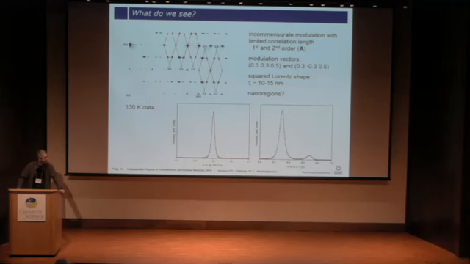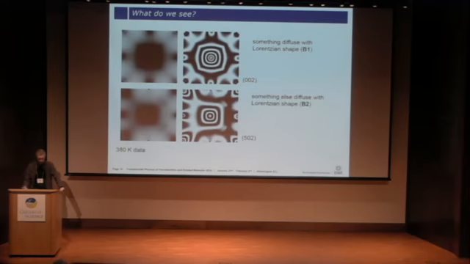And when you try to fit the shape, it appears to be squared Lorentzian, which corresponds to real space correlations somewhere around 10-15 nanometers, with only slight anisotropy. You see second order, and you don't see third order. Then something diffuse with Lorentzian shape, which I call B1, and something else diffuse with Lorentzian shape, B2. Well, not a huge difference.